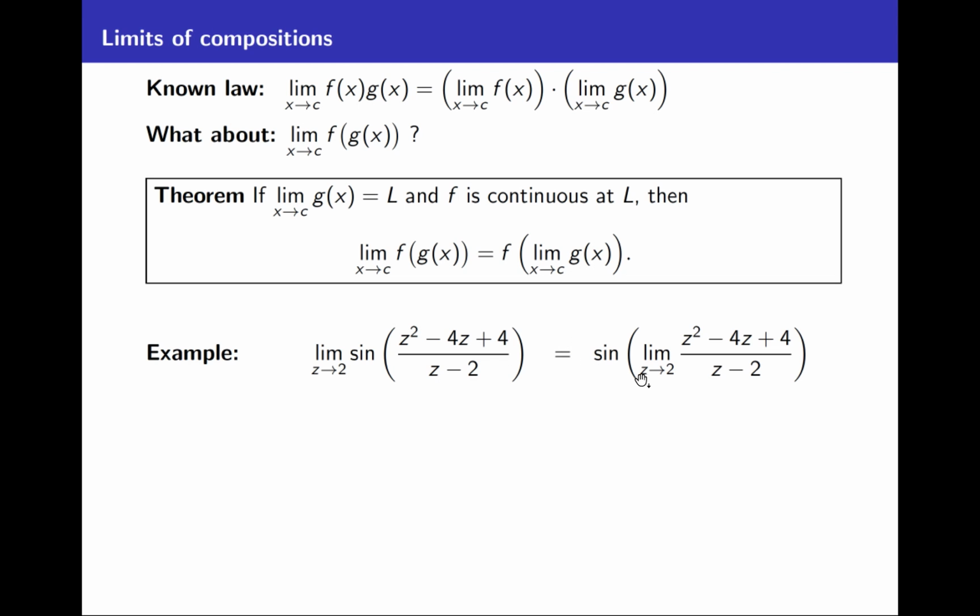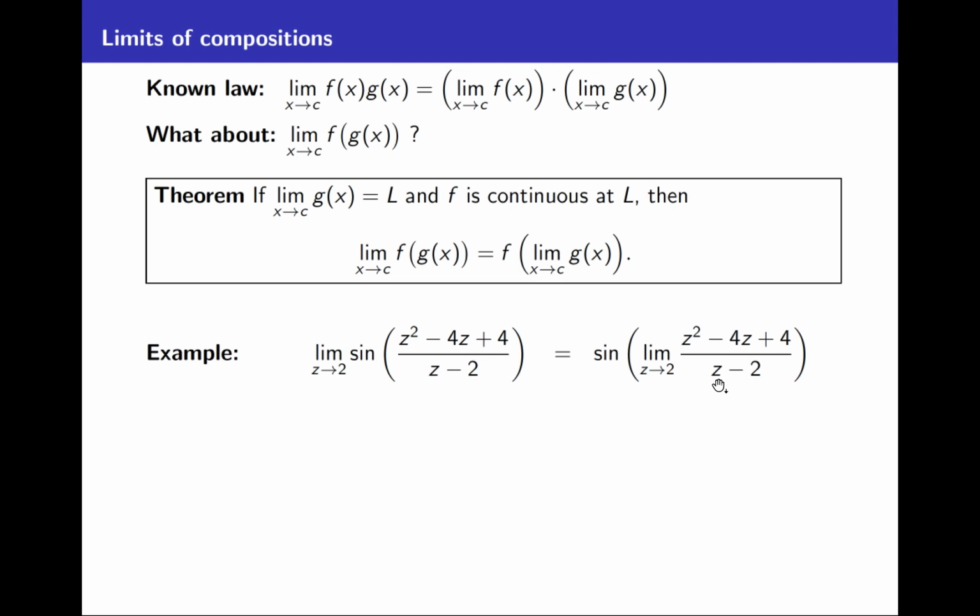So we get sine of the limit as z approaches 2 of (z squared minus 4z plus 4) over (z minus 2). Now the problem is looking pretty familiar because we know how to work out limits that look like this. So we can work out this inside limit, keeping in mind that that number is being plugged into sine. Limit as z approaches 2 of all of this.